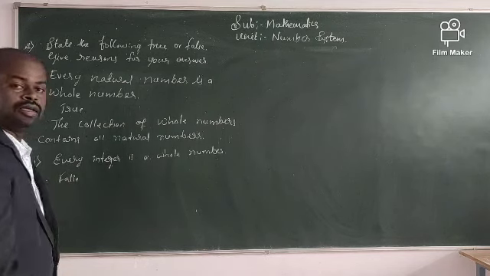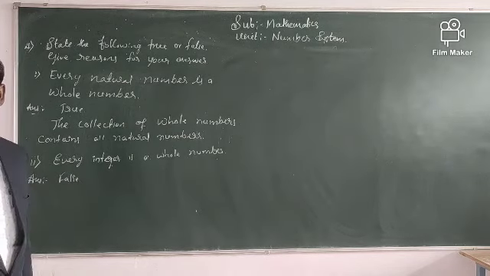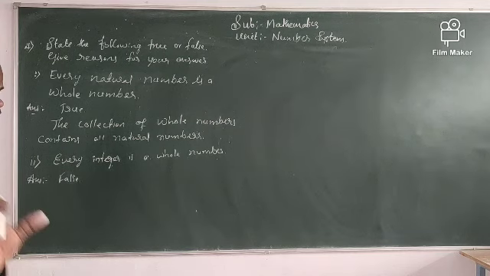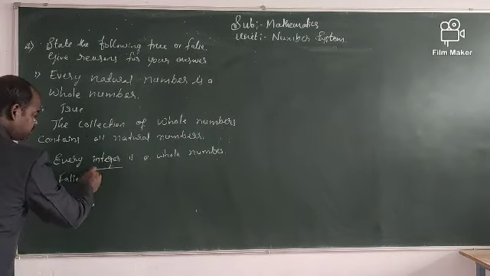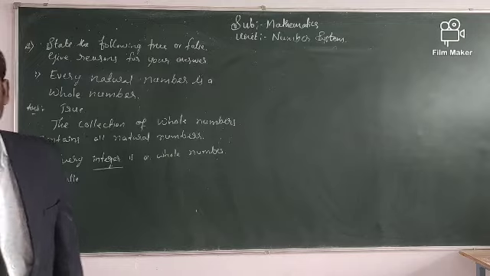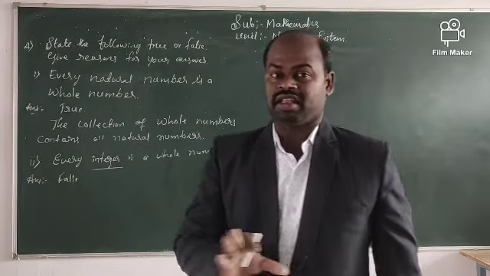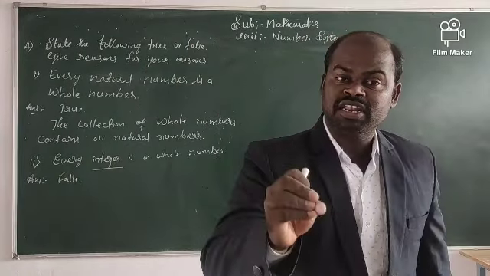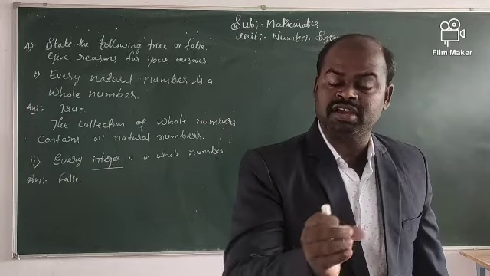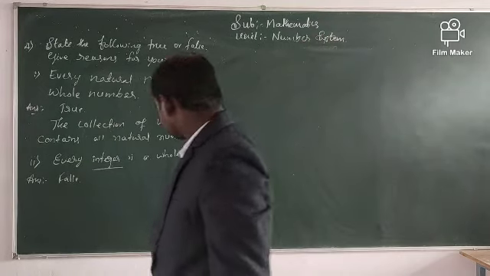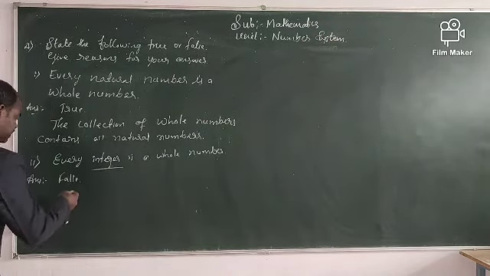Why? Whole numbers means only positive numbers. Integers means we will get negative also. All negative numbers are not whole numbers. Only positive numbers including 0 are called whole numbers. Therefore the statement is wrong.